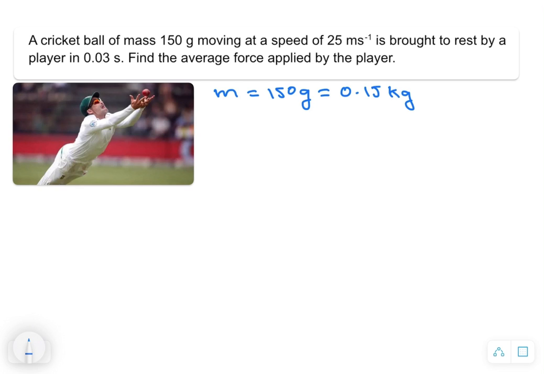Mass is 0.15 kilograms. Speed is 25 meters per second. This is the initial speed. It is brought to rest by player in 0.03 seconds. We need to find the average force applied by the player.